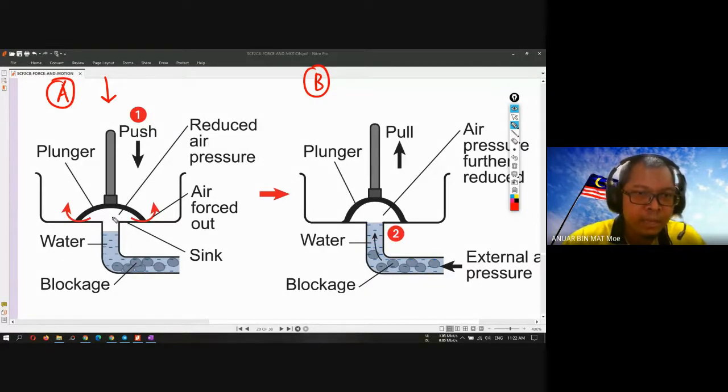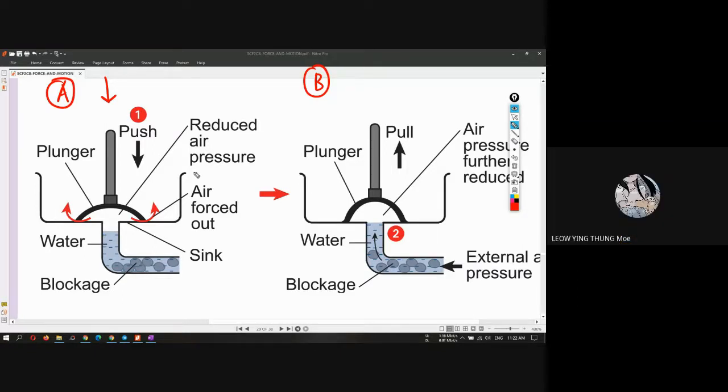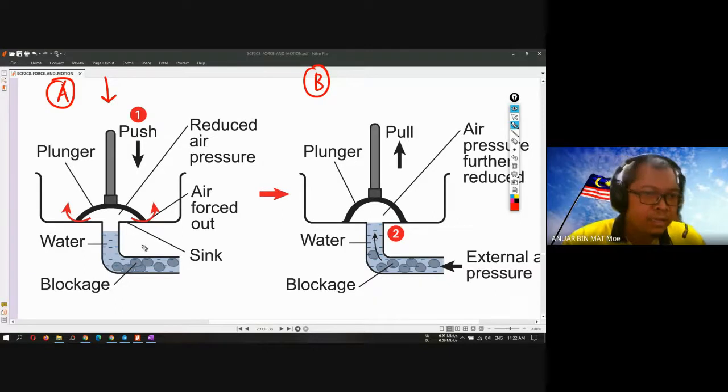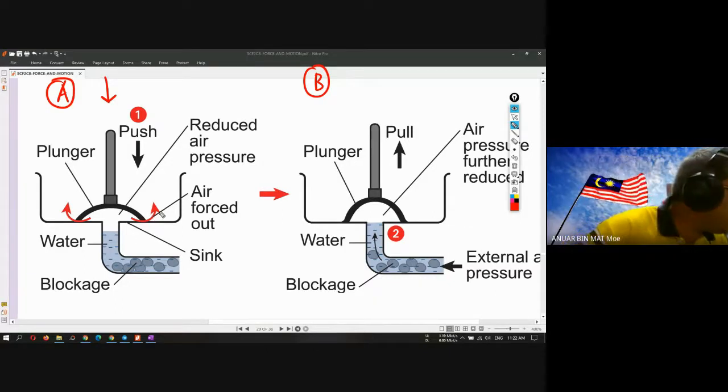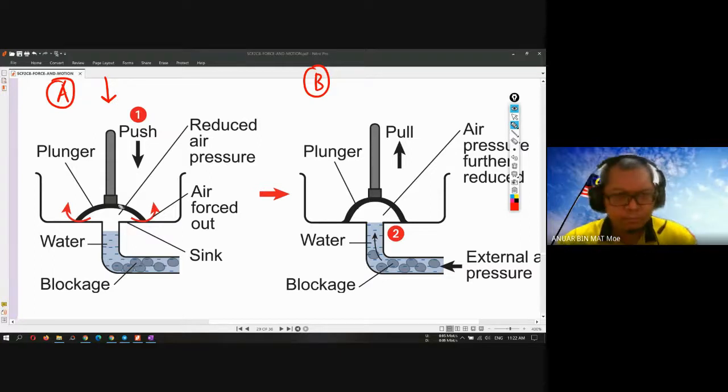Does the air pressure inside become higher or lower? Higher, right? I think the diagram here is not very accurate. Actually, when you push the plunger, the air pressure inside becomes higher.